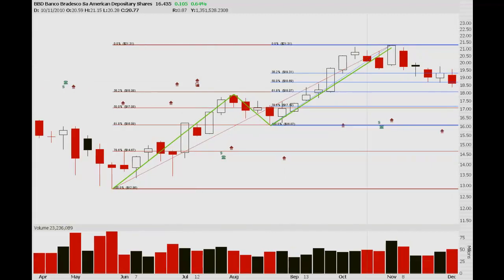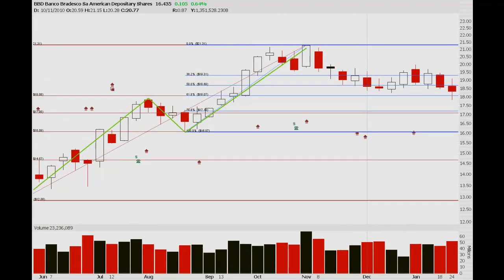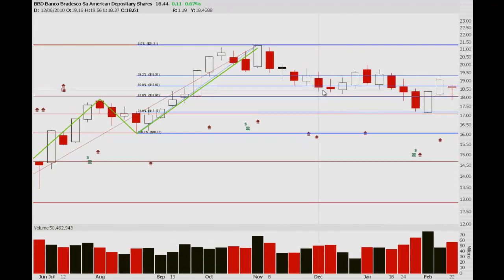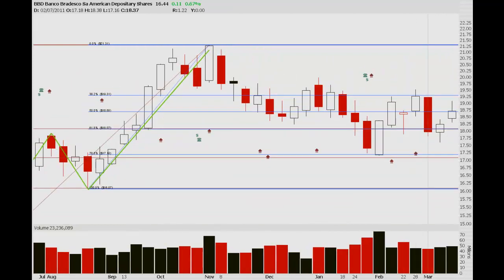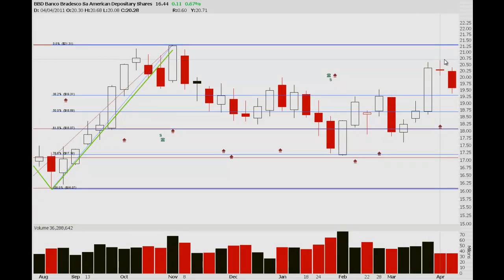As we scroll through time, this is pretty much what happened. We held here, came back, broke the first level of support, came down and found support at the other level, and then made our way back into the top part of the range.